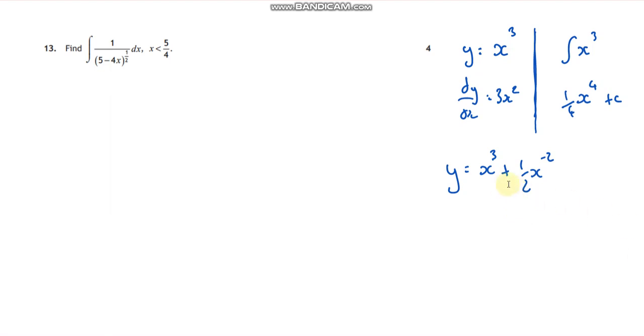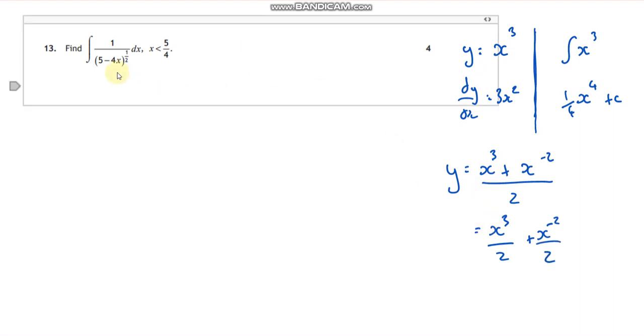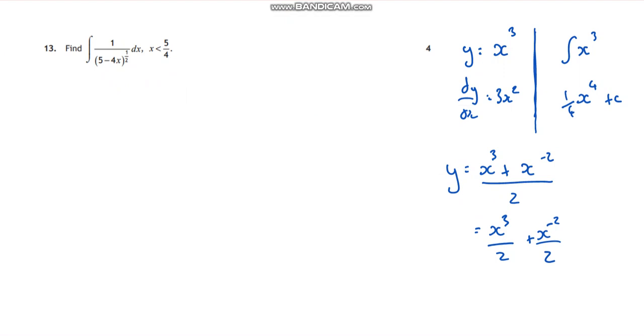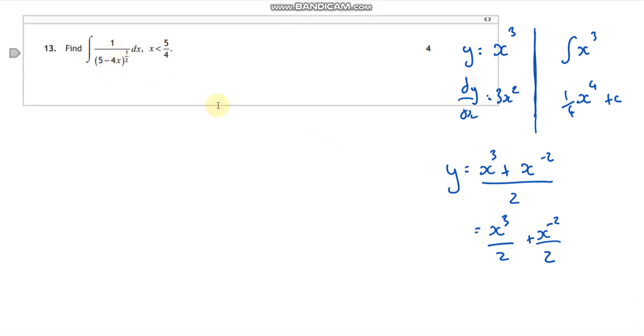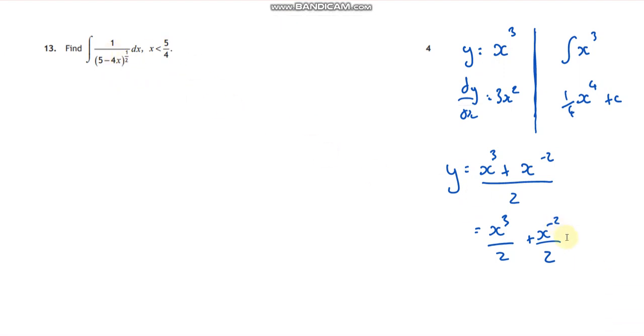I can integrate or differentiate those terms on their own. Say I had x over 2, I would have to split them up and say, well, that's x cubed over 2 plus x to the negative 2 over 2, and then integrate or differentiate, and that's fine. But when I've got a power of a half, I'm thinking, oh, wait a minute, that's quite tricky to multiply that bracket out. And that's when we'll use our chain rule.